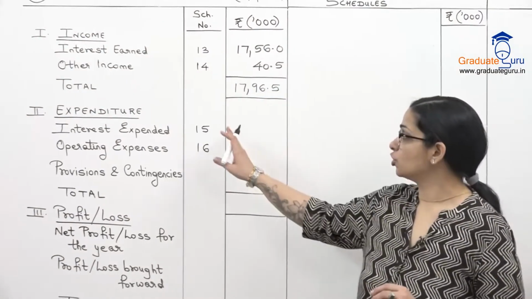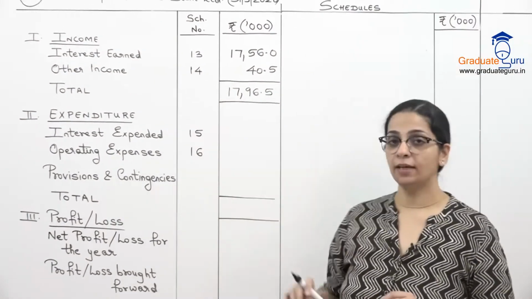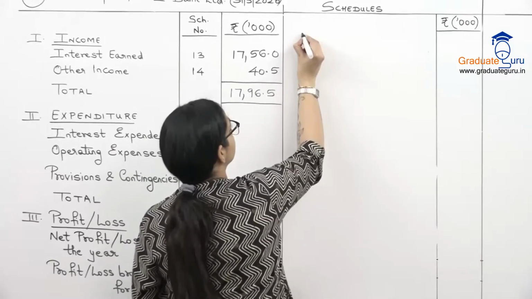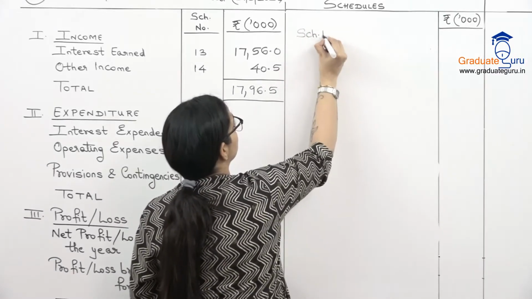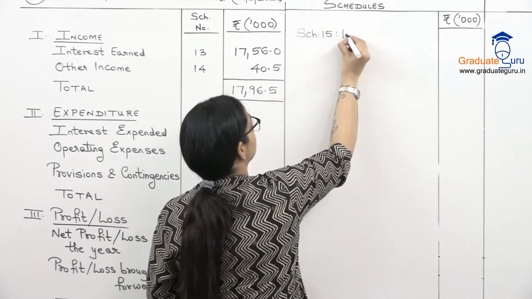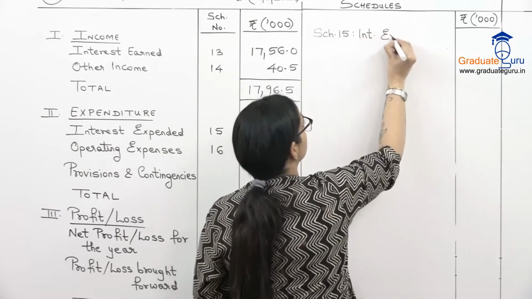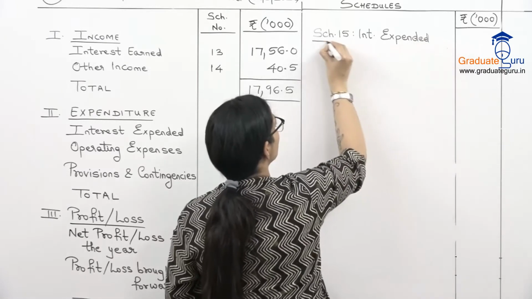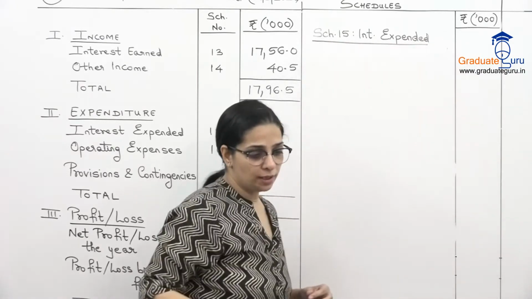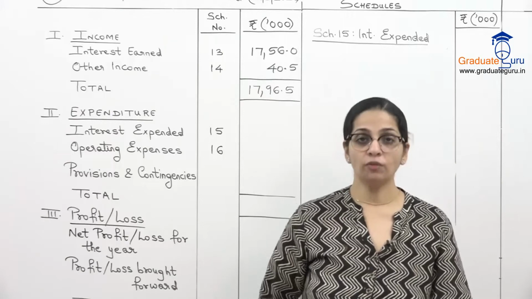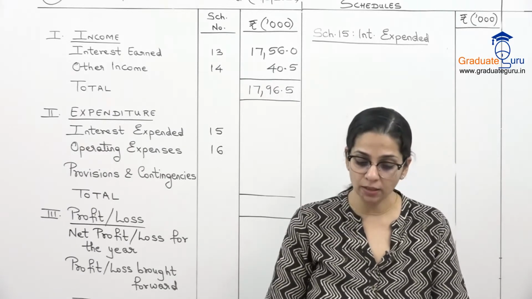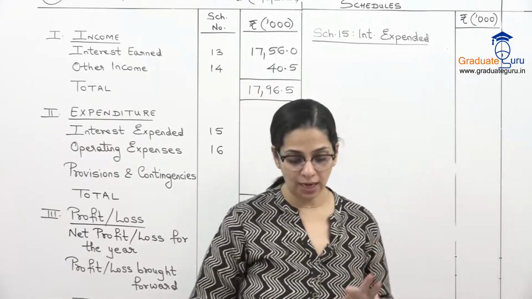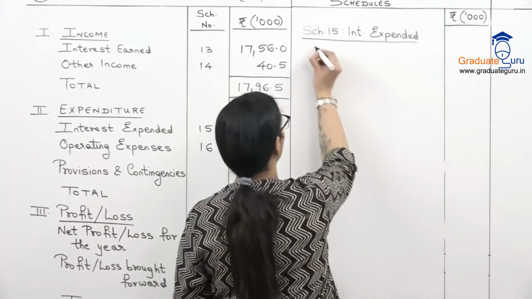So now we'll go to schedule number 15, which is interest expended. Here there is only one amount given. Schedule 15, if you will see your list of trial balance, interest paid on deposits का एक ही amount है, which I'll take over here.